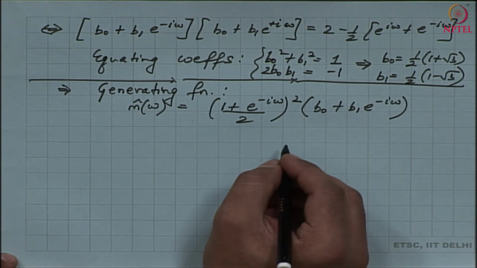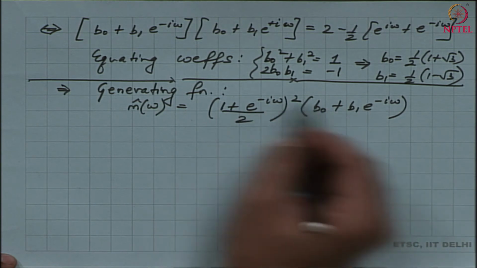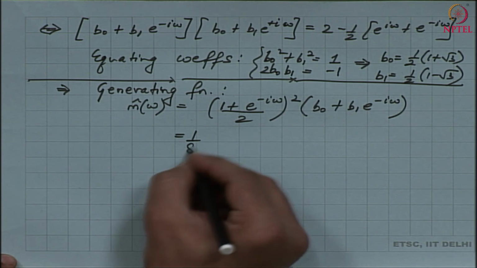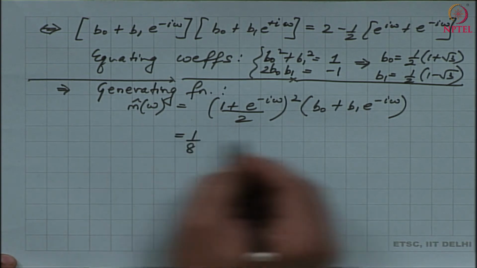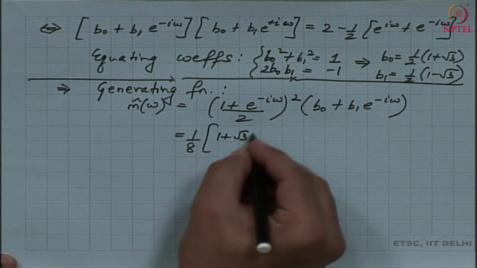Then if I substitute B0 and B1 and simplify the expression, I get that my generating function m hat of omega comes out to be the following. This is 1 plus square root 3.